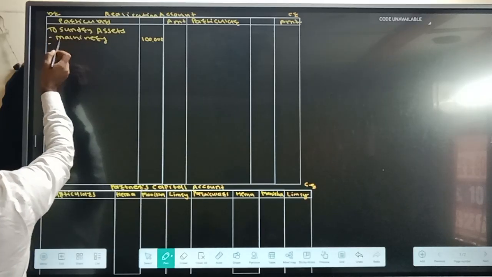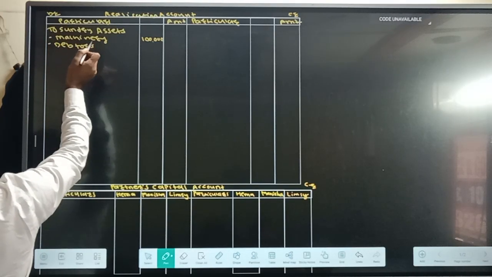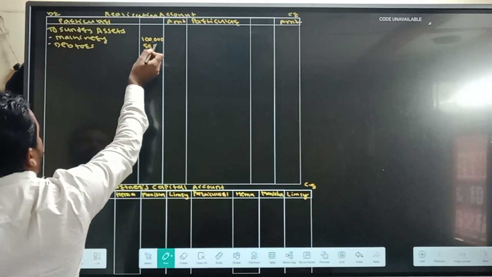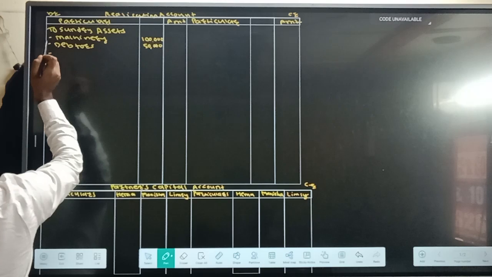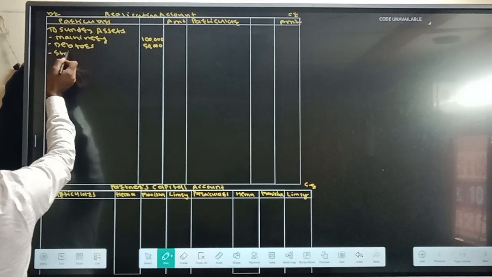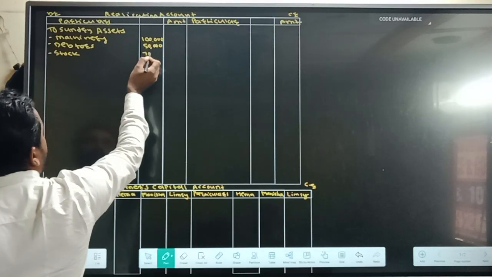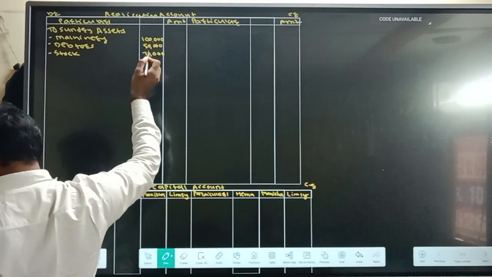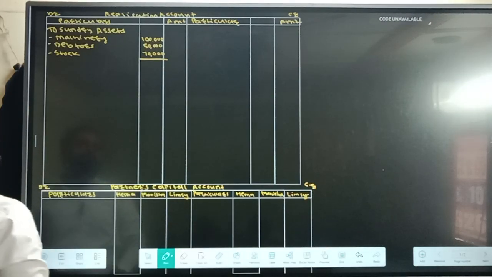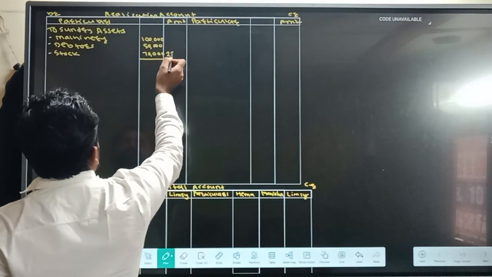Then debtors 50,000 in the inner column. Then stock amount 70,000. There are 3 assets: 50,000, 1 lakh 50,000, or 2 lakh 20,000 total.